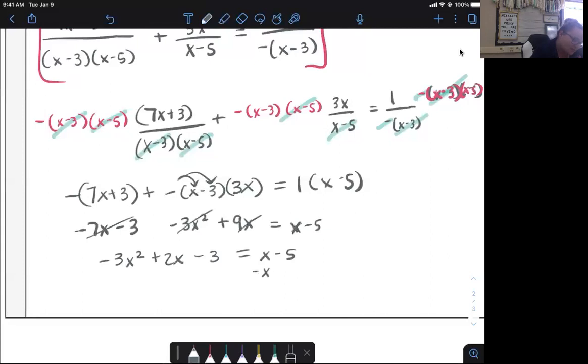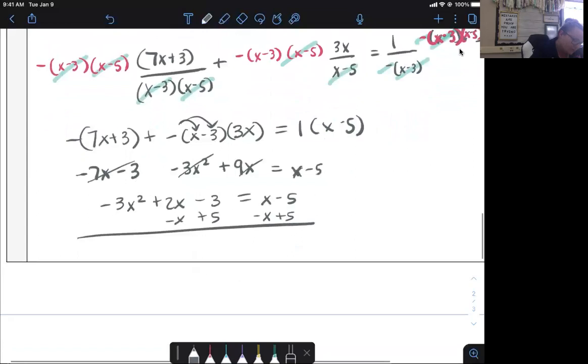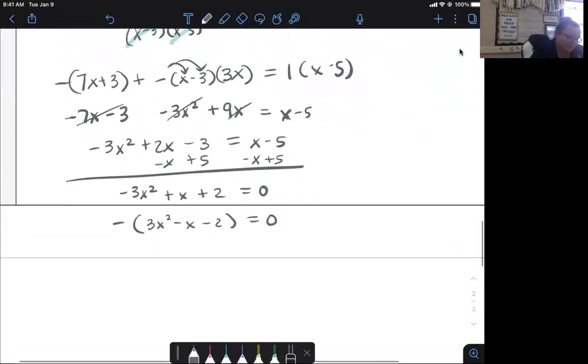We've got a degree 2 polynomial, so we need it to be equal to 0. We get negative 3x squared plus x plus 2 equals 0. Factor out that negative: 3x squared minus x minus 2 equals 0. See if we can factor this thing. 3 times 2 is 6. There are factors of 6 that add or subtract to get us 1.